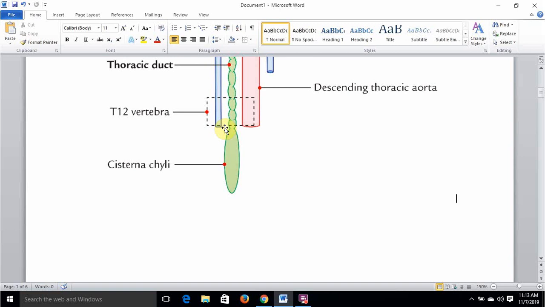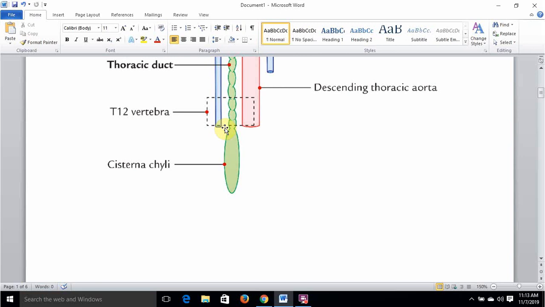Now what happens is that the thoracic duct descends, and how does it enter the thorax? Because there's a diaphragm in between the abdomen and the thorax. The name of the opening is extremely important, both for the thoracic duct and when we're studying the diaphragm, and the name of the opening is the aortic opening.